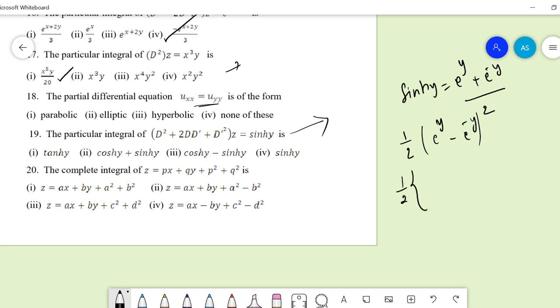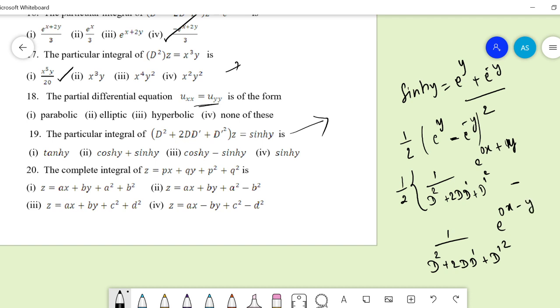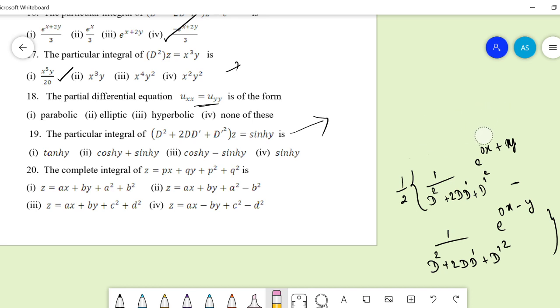How can we find the particular integral? The left-hand side is 1 divided by D squared plus 2DD dash plus D dash squared, e power 0x plus 1y, minus 1 divided by D squared plus 2DD dash plus D dash squared, e power 0x minus y. The procedure is to substitute the coefficient of x in D and of y in D dash.